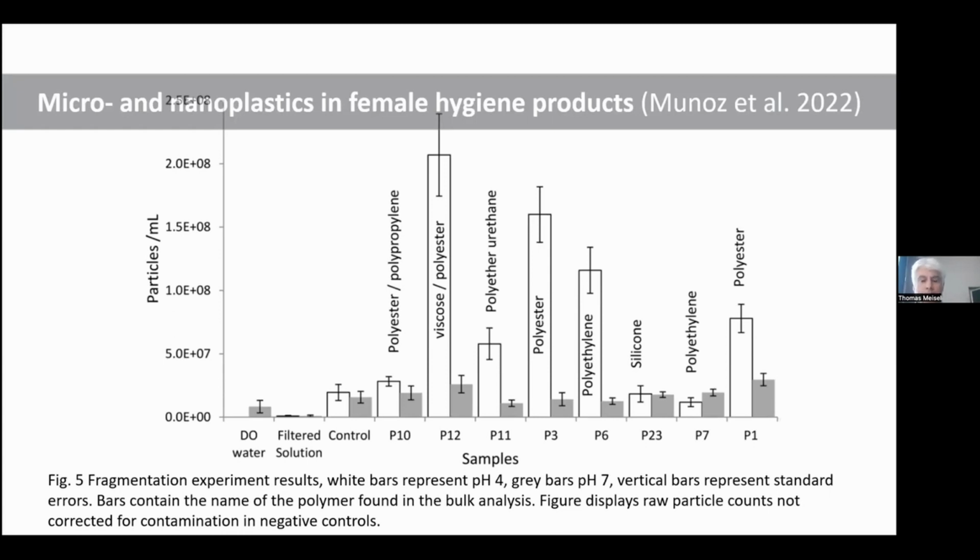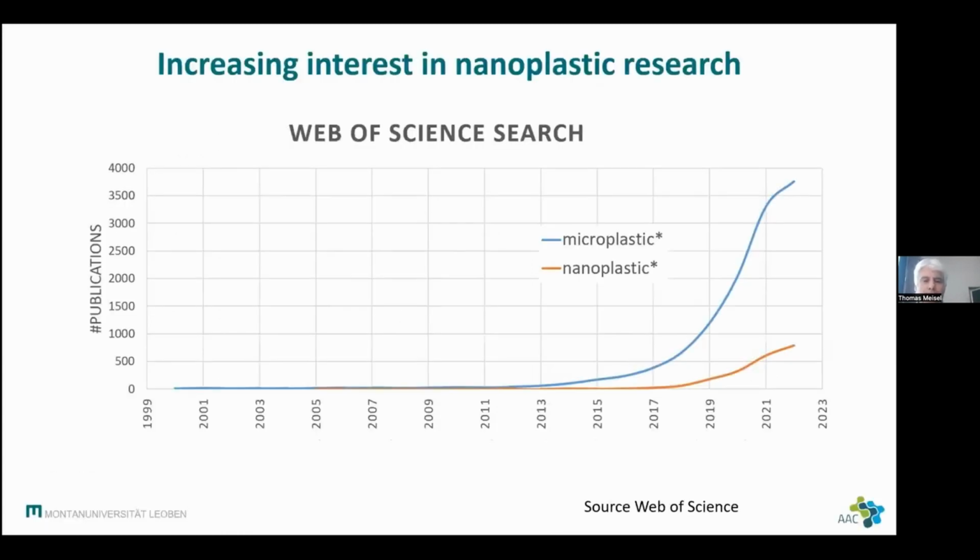So we now believe that for simple matrices like water, you find billions of particles. This spurred a lot of research in the nanoplastic range, though it's lagging behind, as you can see here. But this is picking up now, the nanoplastic research.